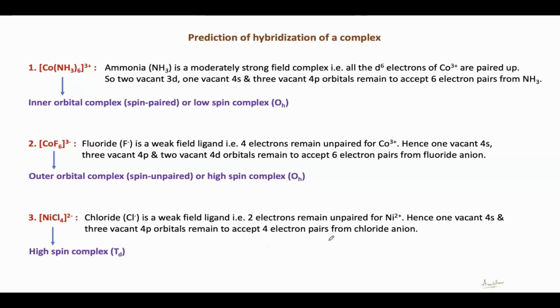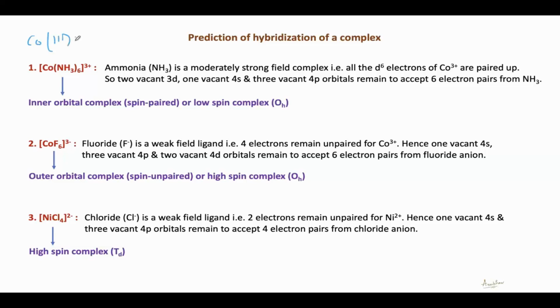So we will start with the complex cobalt NH3 whole 6 3 plus. Now we have this cobalt 3 plus ion here. Let me draw it here.